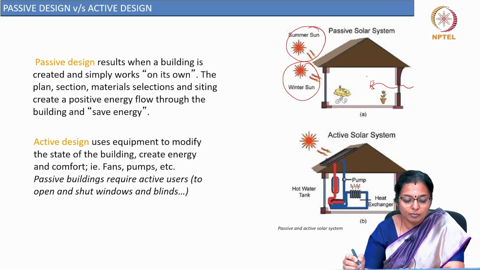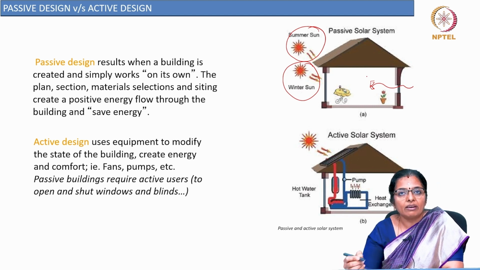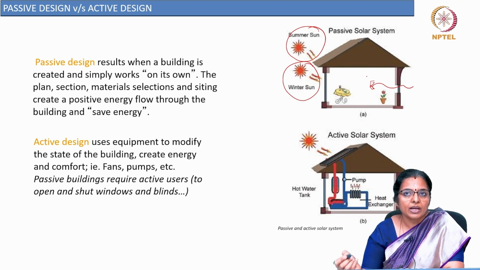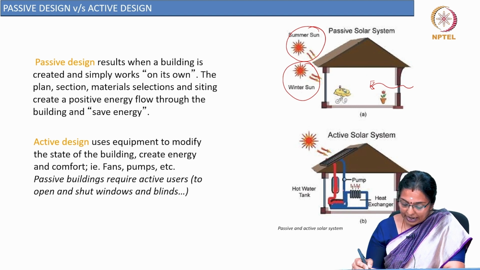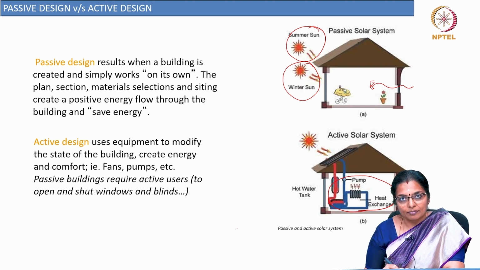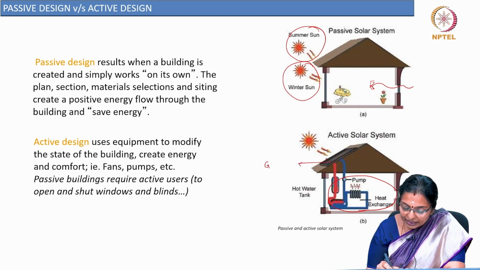So, the endothermal performance as a result of the way we handle design with the help of natural elements is known as passive design. Whereas in active design, we need the use of certain contraptions, and those contraptions are grid dependent.